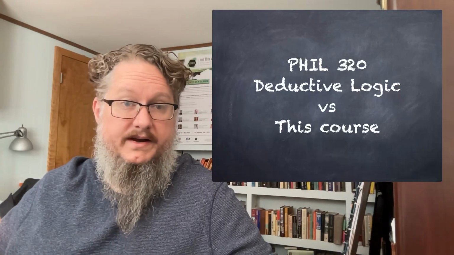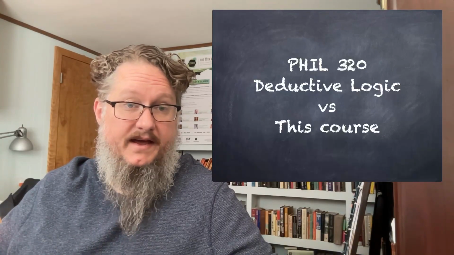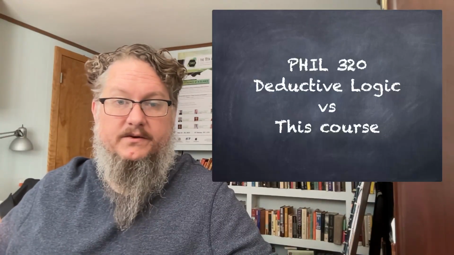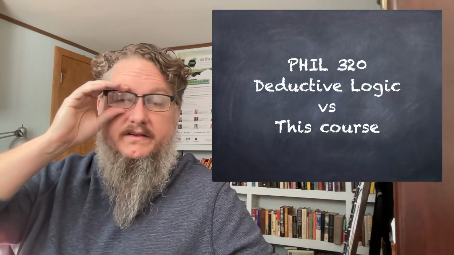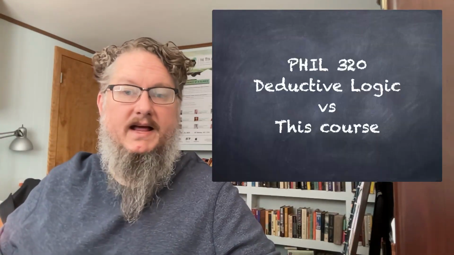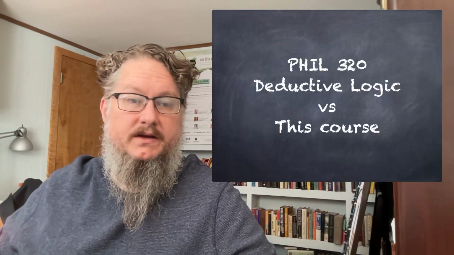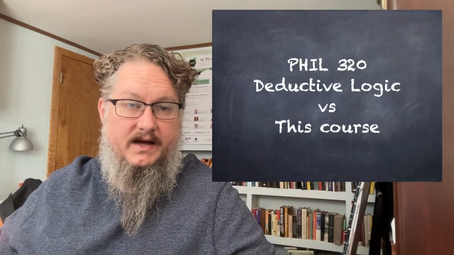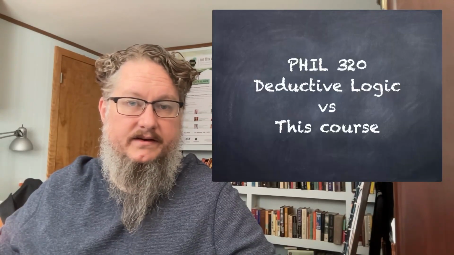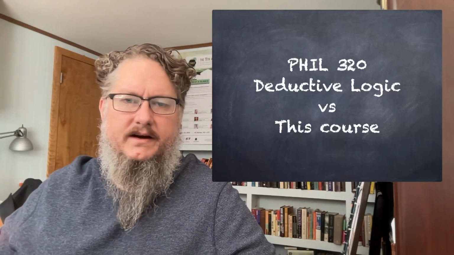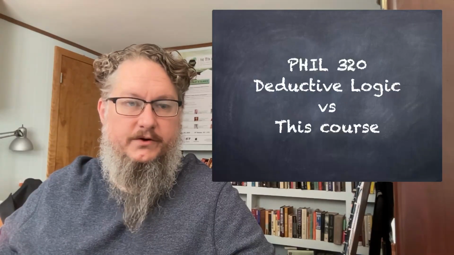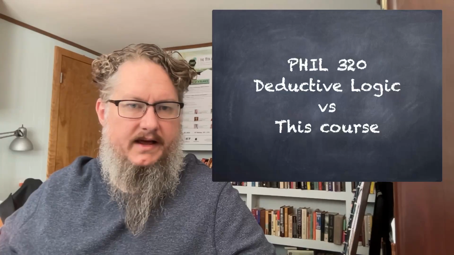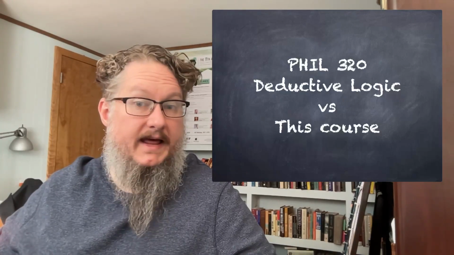But don't worry, the content is exactly the same. This is not a 300 level class masquerading as a 200 level class. This always should have been a 200 level class, and it's been corrected now. So if you ever see references to Phil 320 Deductive Logic, just know that that's this class. In the unusual case that you took that class already, you should not be taking this class. Okay, there shouldn't be any overlap.